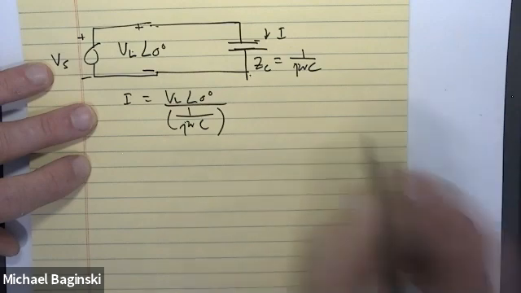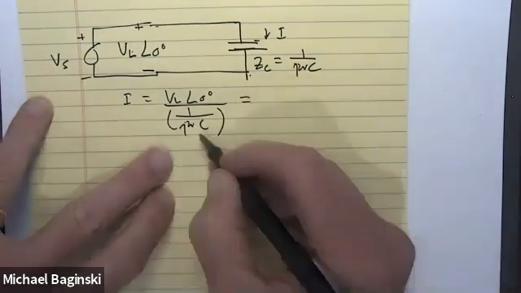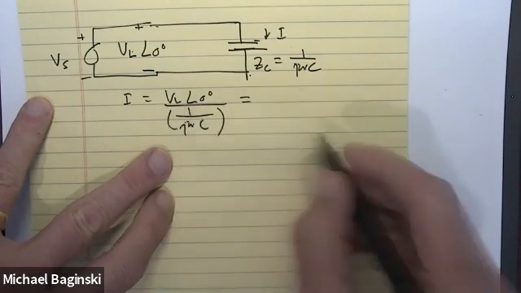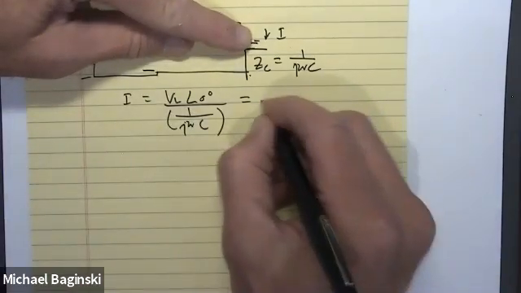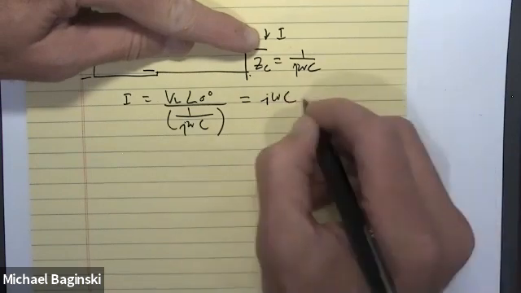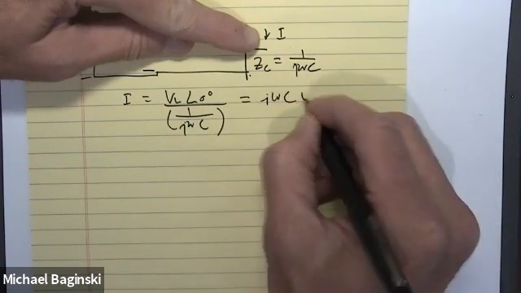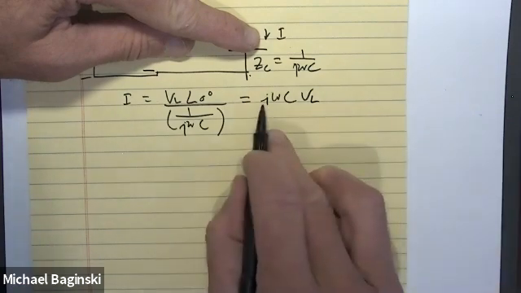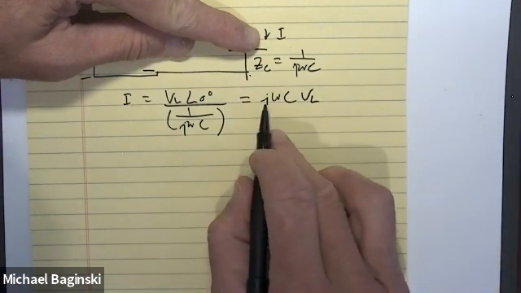All right, now if that's the case, if I take this 1 over j omega C, it's really going to be what? It would be j omega C times the voltage VL. Do you agree with that? And you'll notice the voltage I put at 0 degrees. Whatever that angle is, this angle is going to be 90 degrees ahead of it. Do you agree with me, everyone?